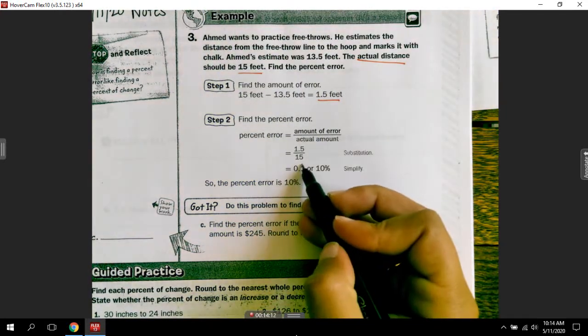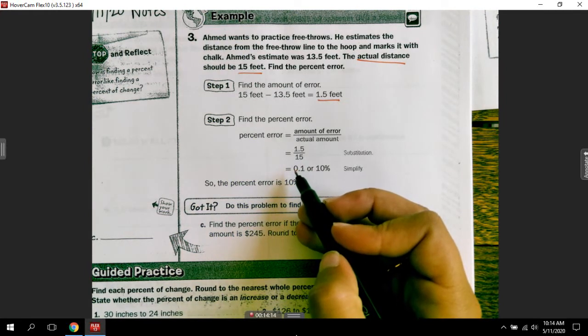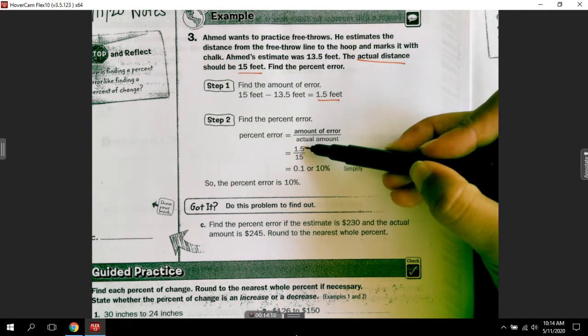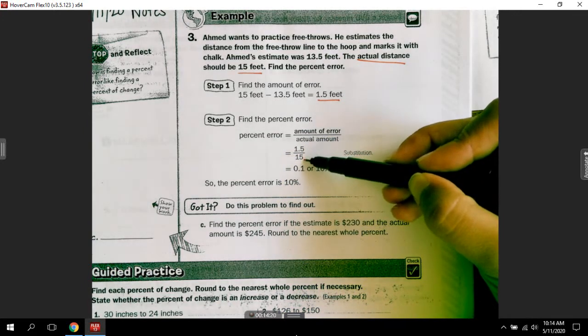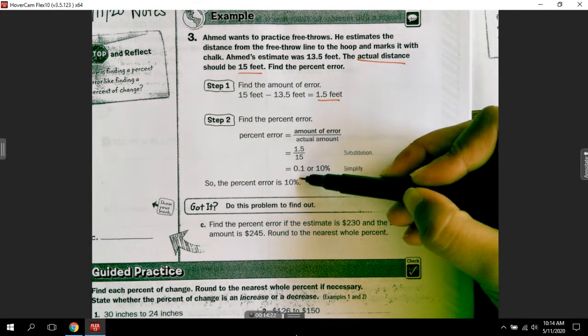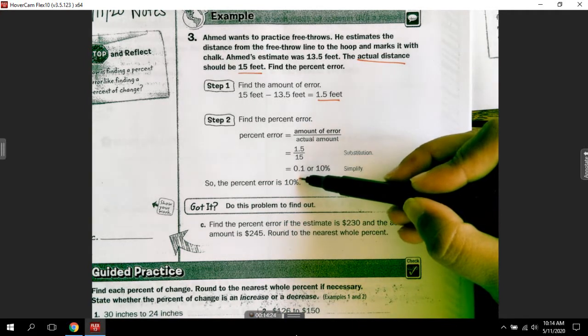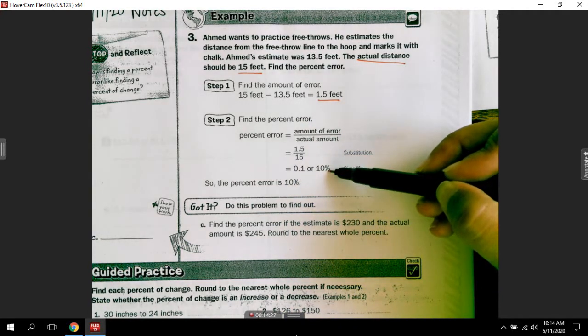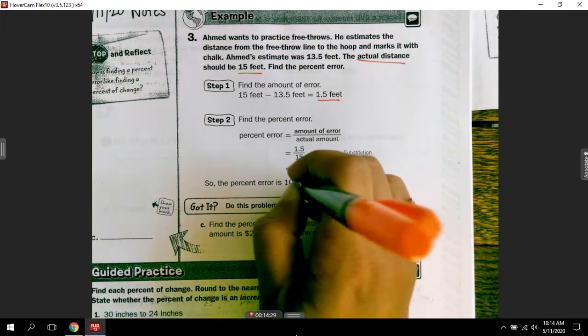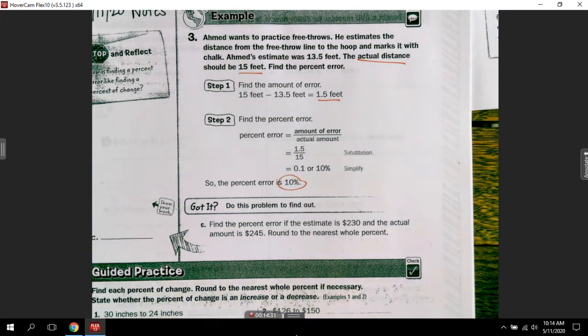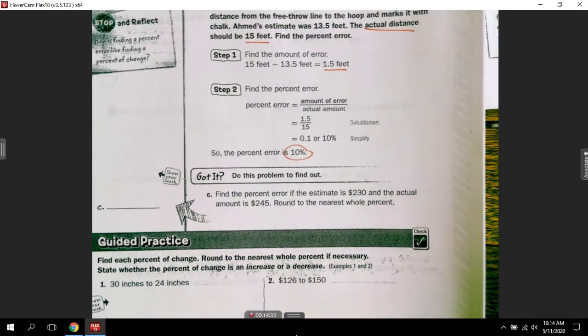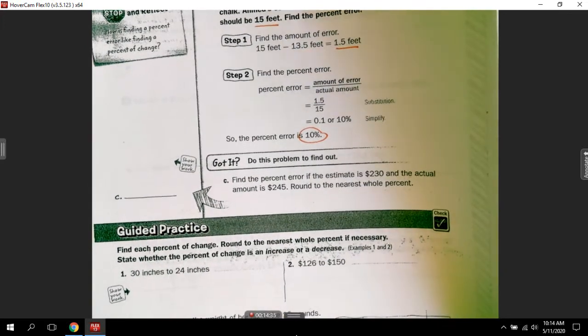So that 15 is going to be on bottom. So 1.5 divided by 15. It's going to give you 0.1, and then once you change that to a percent, it's going to become 10%. Okay, so the percent of error is 10%. Okay, so pretty much the same, like I said, just a little bit different wording.